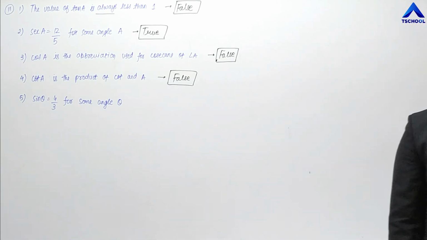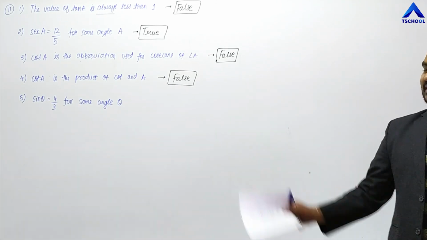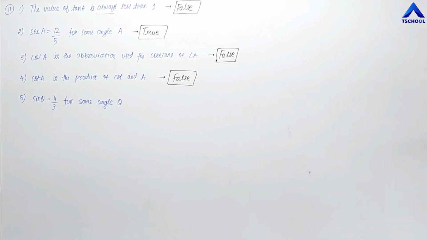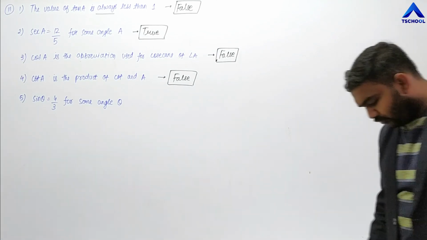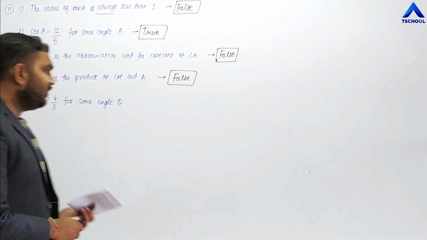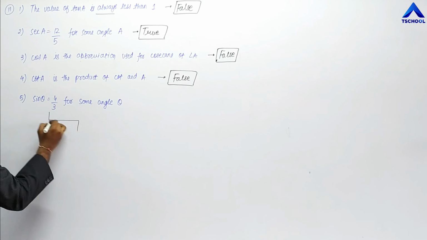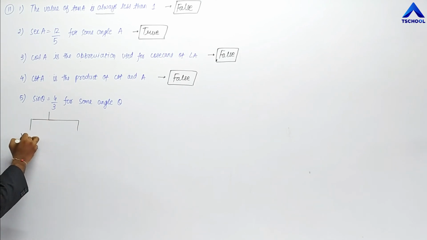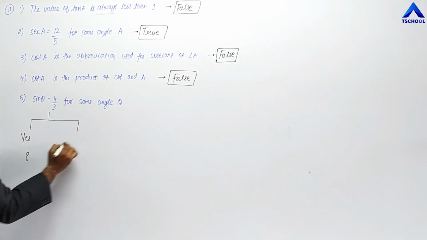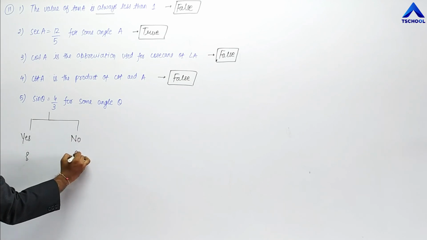Can you check whether sin theta equal to 4 upon 3 is possible? No. Why? There are two possibilities. Let us see. If you say yes, then why? If you say no, then why?